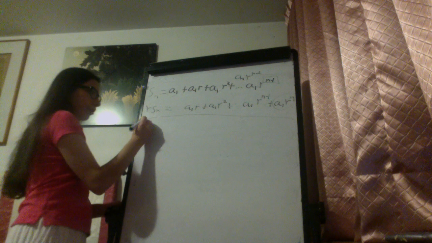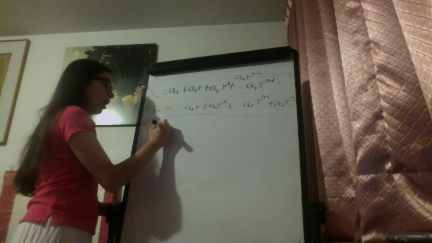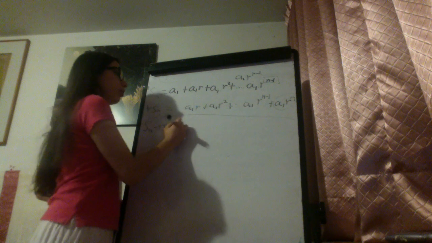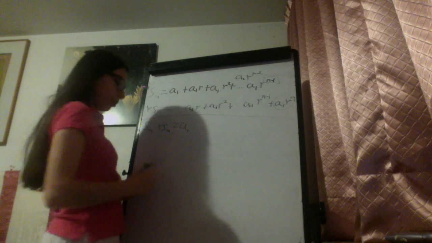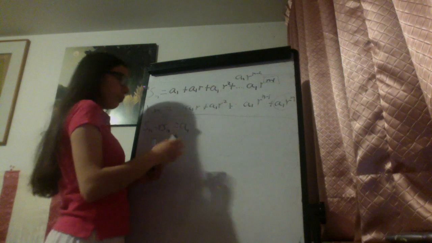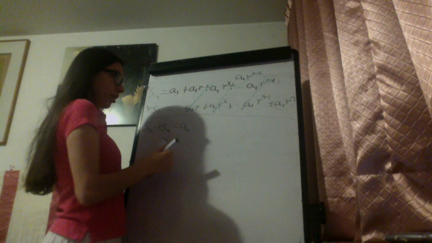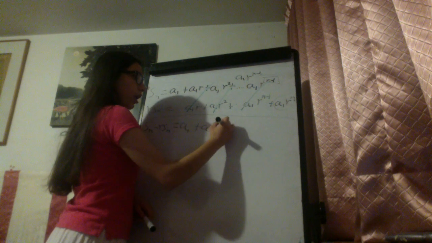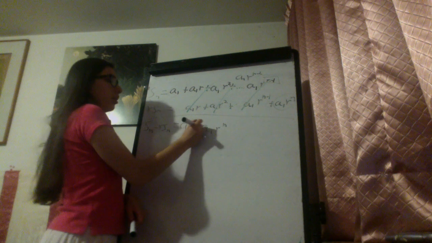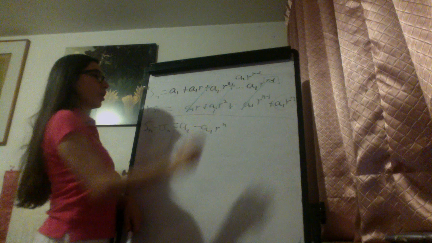So we will have s sub n minus r s sub n equals a sub 1, and all these are going to get cancelled except this a1 r to the n, which is minus a1 r to the n because I'm subtracting.